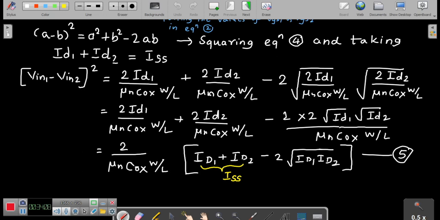So therefore I am going to get half mu n COX W by L into V1 minus V2 whole square, and this ID1 plus ID2 which is ISS I will bring to the other side. This will become minus ISS, which is equals to minus 2 into root ID1 into ID2.